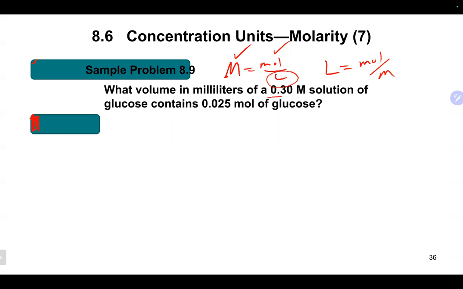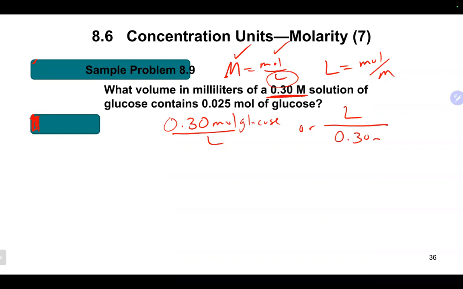Once again here, personally, I will convert this into a sort of conversion factor. That means 0.30 moles per liter of glucose. Or again, you could use it in the opposite direction, liters up on top, 0.3 moles of glucose on the bottom.